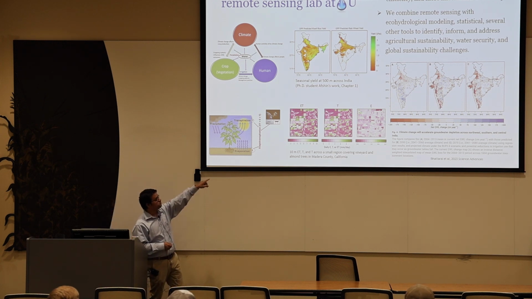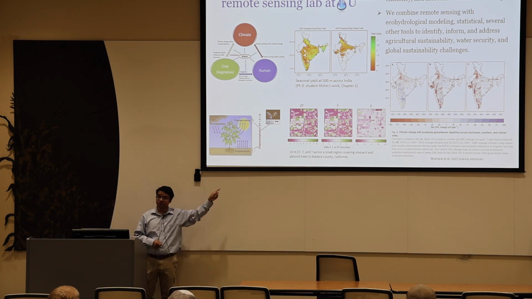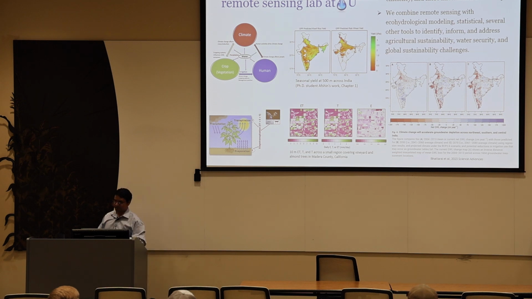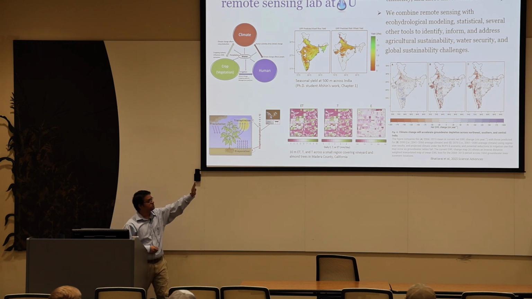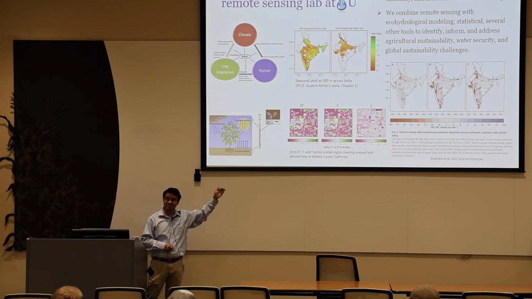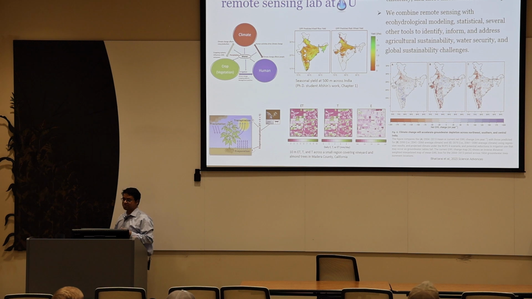These are the vineyards owned by the Gallo company. We're also looking at how groundwater depletion will look in the future in India. So we combine remote sensing with eco-hydrological modeling, statistics, and several other tools to understand agricultural sustainability, water security, and global sustainability challenges.